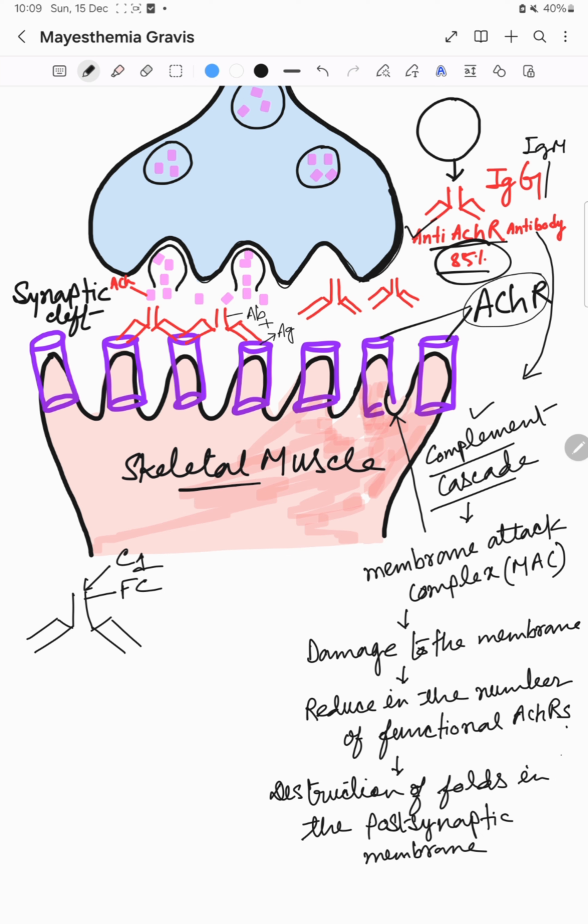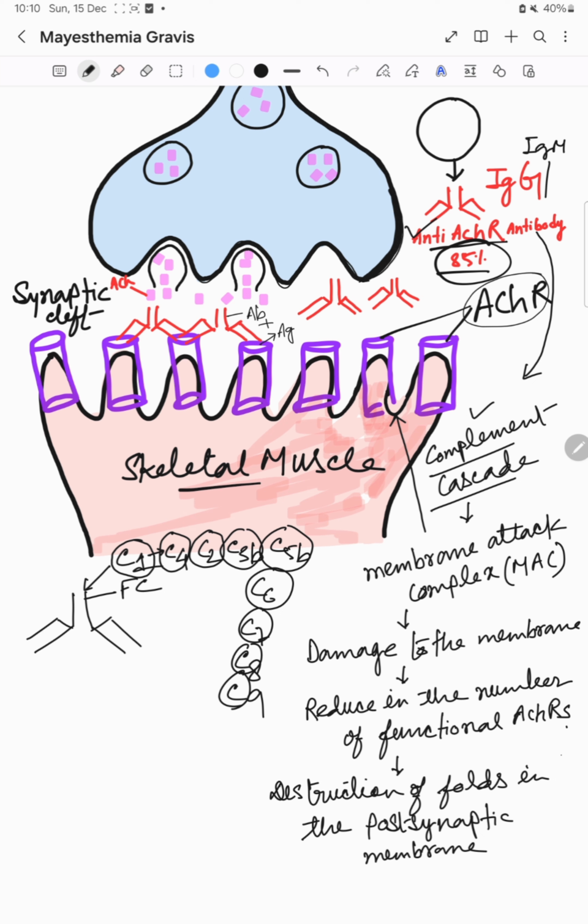C1 is a complement protein, and then it activates its companions, like C4, then C2, then C3b, and so on, like C5b, and ultimately C5b gets attached with C6, C7, C8 and C9.